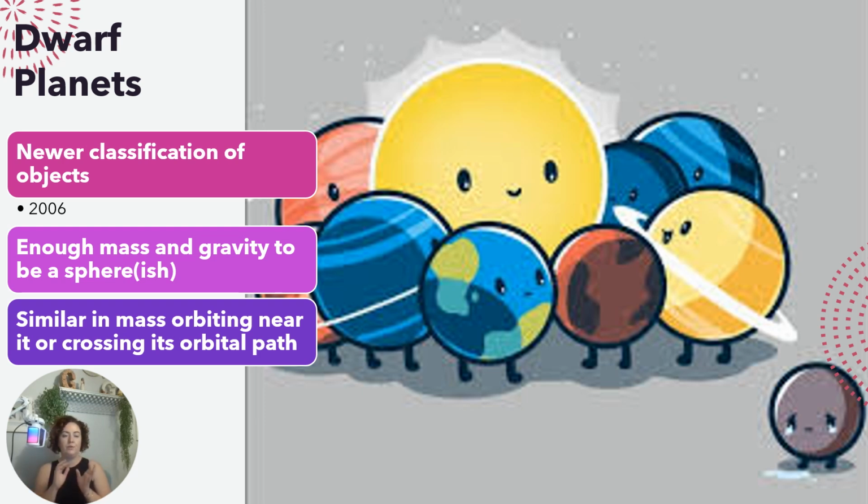So if it weren't for Pluto, Neptune would have a 100% cleared out orbital path. Makemake, like I said, is within the asteroid belt between Mars and Jupiter, where it's stuck with a bunch of other similar sized masses around it. So those are dwarf planets.